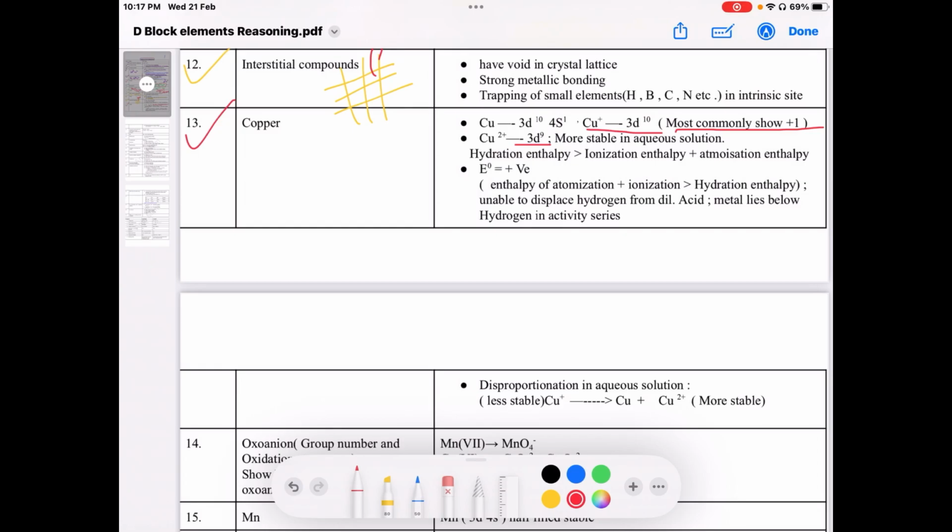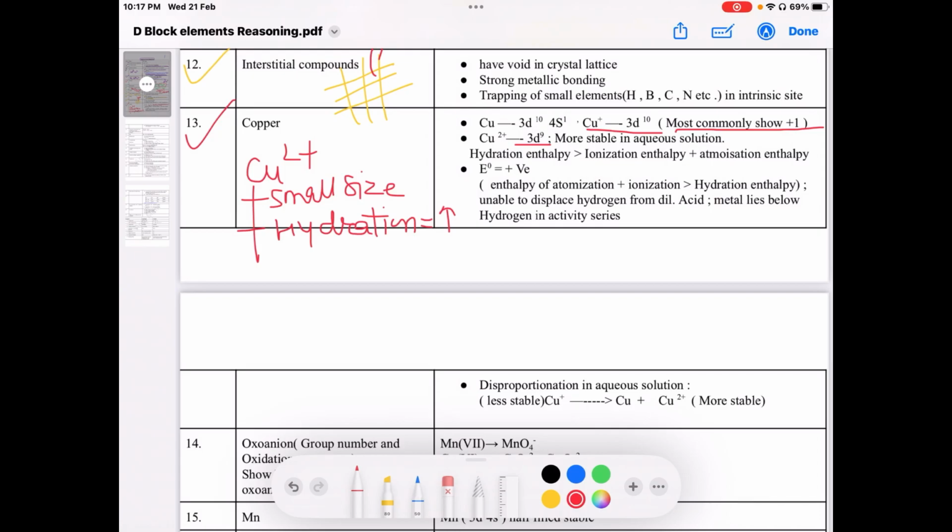Why so? Because divalent copper is smaller in size, which results in more hydration, so its hydration enthalpy will be higher. Copper 2+ has a small size. Small size means more hydration, as the ion-dipole interaction is more. The ion is the copper ion, Cu2+. The dipole is water.